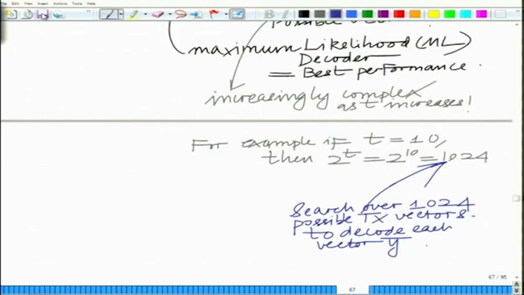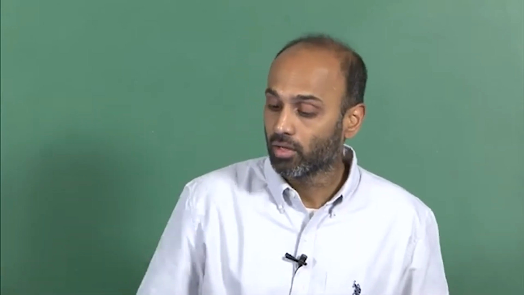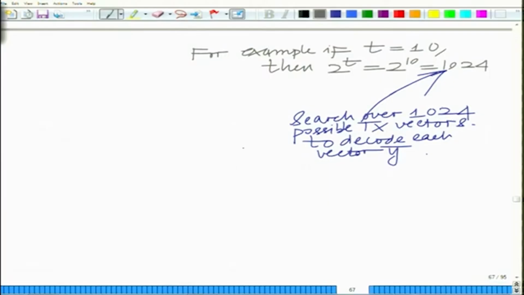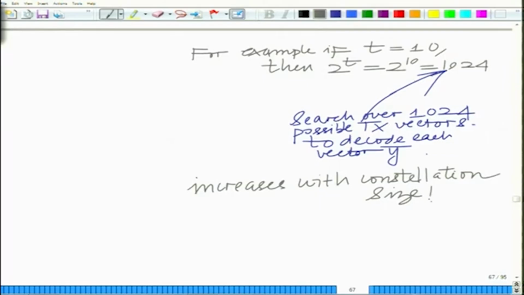Further, observe that this increases with the constellation size. For example, for 16 QAM, the size of S, the transmit vector constellation, equals 16 to the power of t.